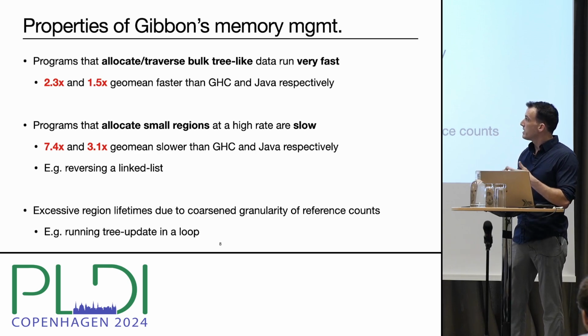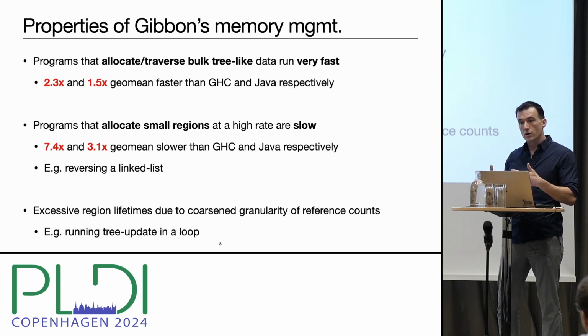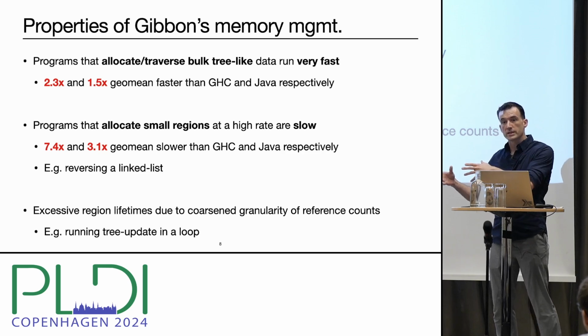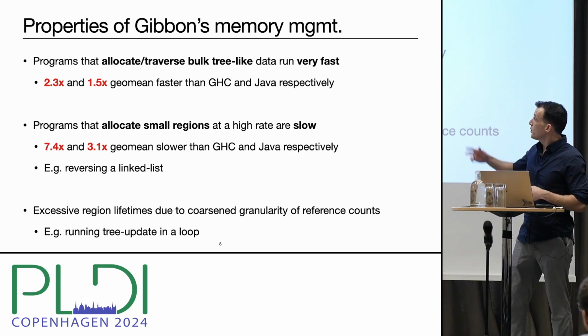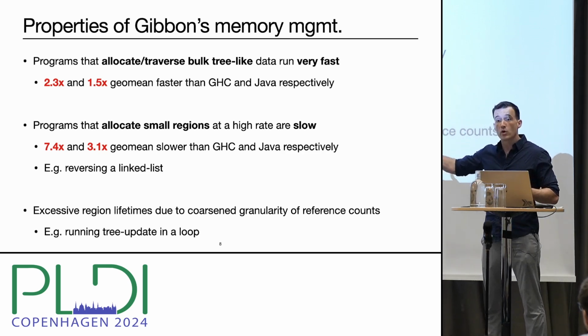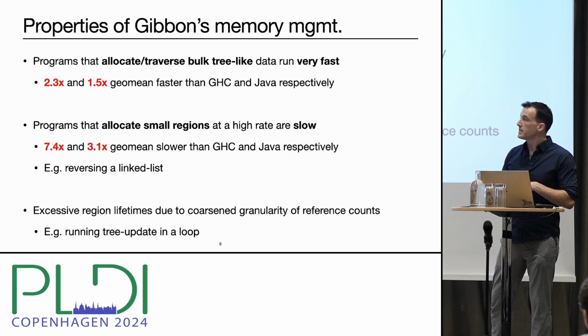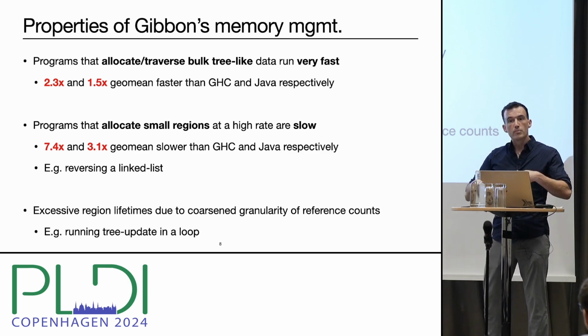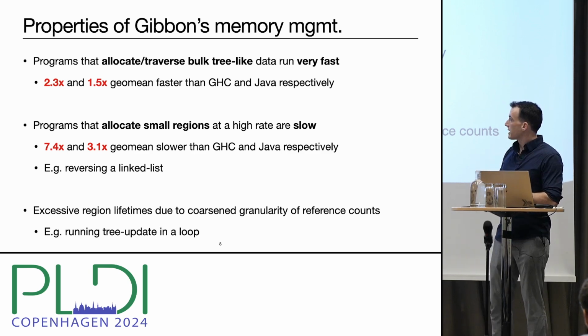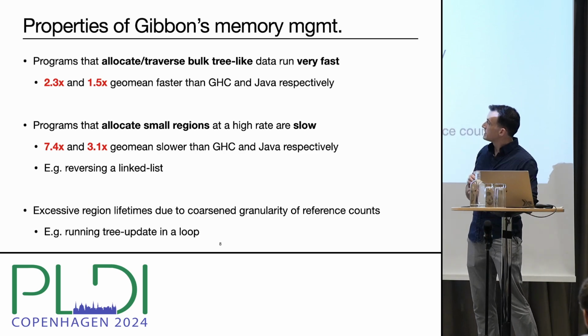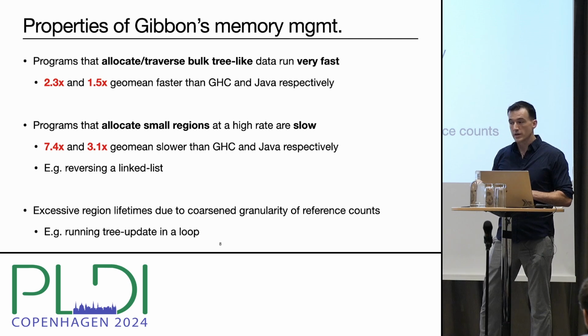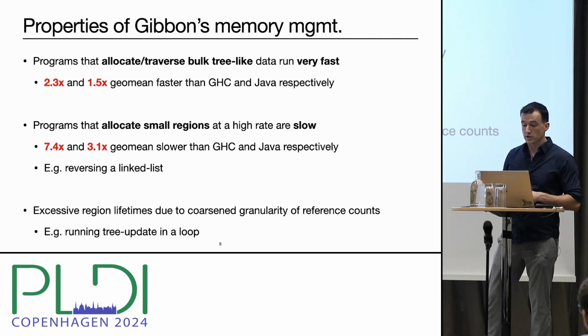But we initially in this project were focused on the strengths and not enough addressing the weaknesses of this approach. The weakness is, of course, if you write programs that do many tiny small allocations, then we basically are an under-engineered, poor version of a memory system that compares fairly badly, with a 7.4x and 3.1x geomean slowdown compared to GHC and Java.